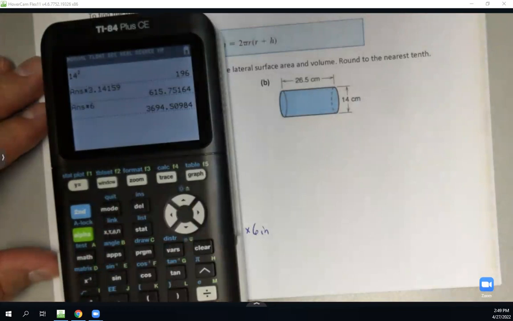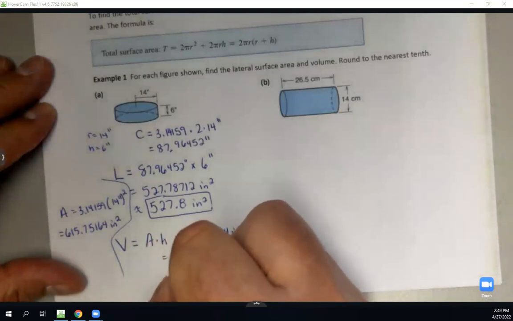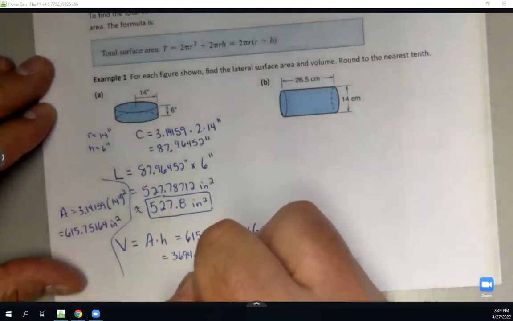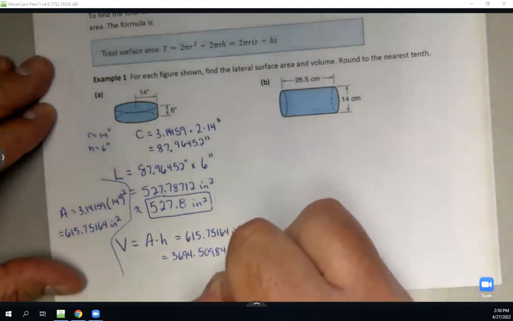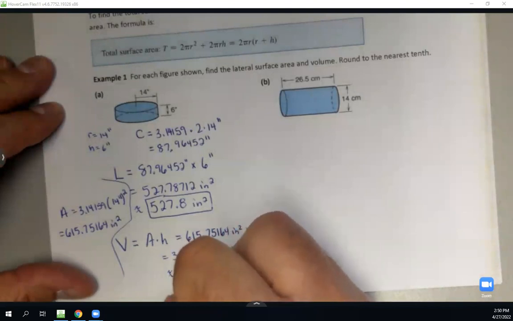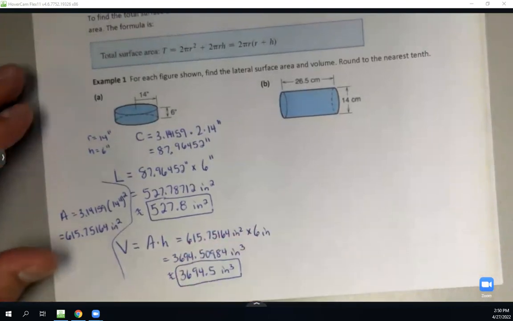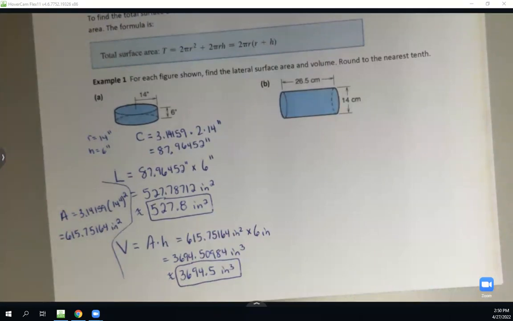So that is 3,694.50984 cubic inches. So that would be 3,694.5 cubic inches if I round to the tenth place. Piece of cake.